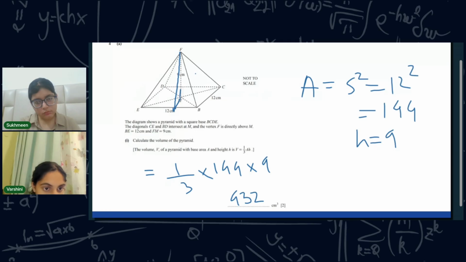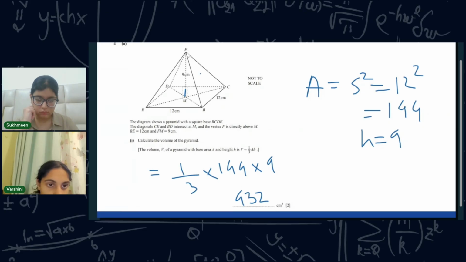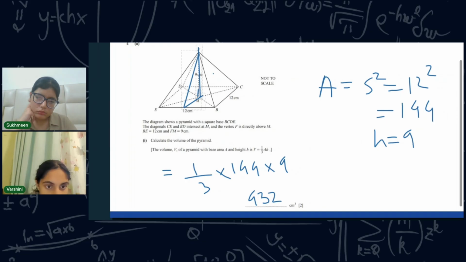We know this, and assuming this is the midpoint, this line from this line and all the way up, this is going to be a right angle triangle with this as the right angle.